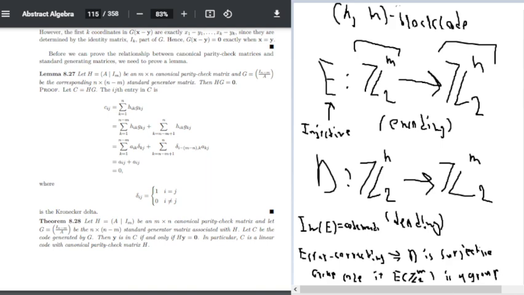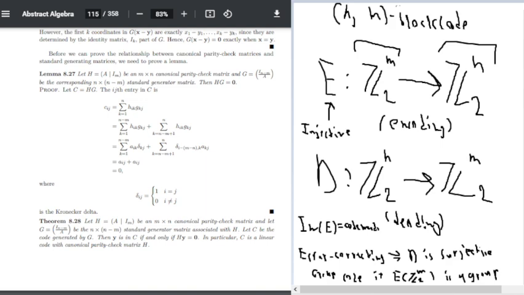Proof. Let C = HG. The ij-th entry in C is Cij = the sum from k = 1 to n of h_ik g_kj. We expand this out and break the sum up into sections: the sum from k = 1 to n-m of h_ik g_kj, plus the sum from k = n-m+1 to n of h_ik g_kj.